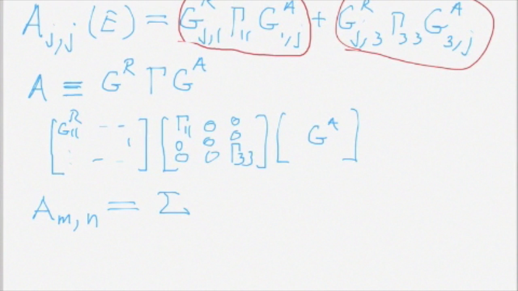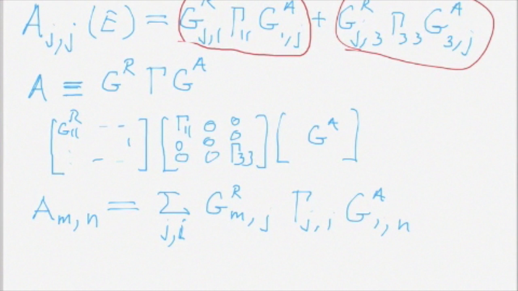So this would be G^R_MJ gamma_JI G^A_IN, summing over J and I. If I write out what that matrix multiplication is in terms of its indices, that's supposed to be a sum over J and I. That's supposed to be an I here, J comma I.